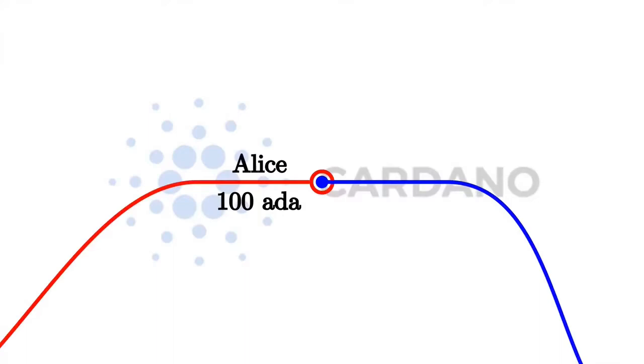And now the idea of the extended UTXO model is to make this more general. So instead of just having one condition, namely that the appropriate signature is present in the transaction, we replace this by arbitrary logic. And this is where Plutus comes in.